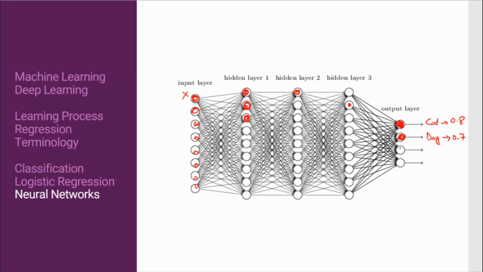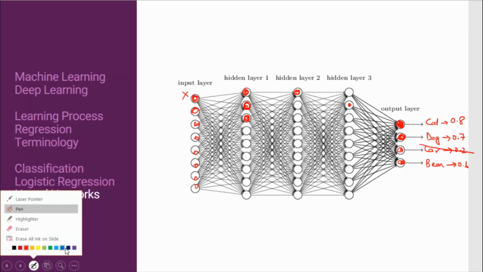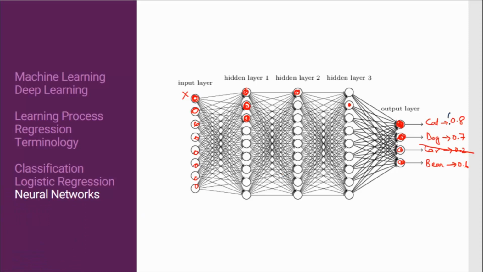This guy says that it's a car, but he's not really sure, right? So let's not worry about him. And this guy over here says that it's, let's say, a bear with 0.6. Right, so now we have these four guys over here, and this guy does not say that it's a car, right? So it's less than 0.5, so this is out of the race. But we do have these three guys over here, and this is saying 0.8, this is saying 0.7, this is saying 0.6.